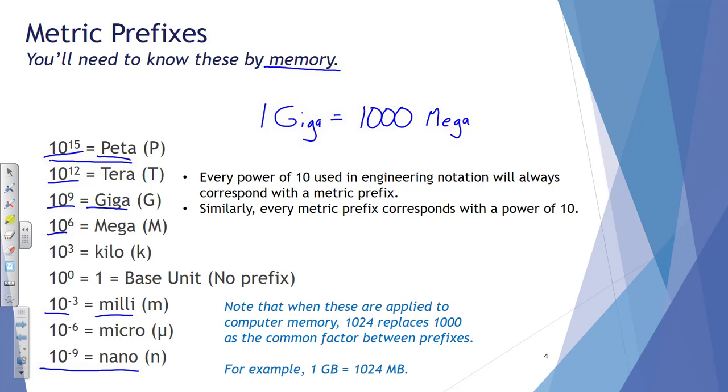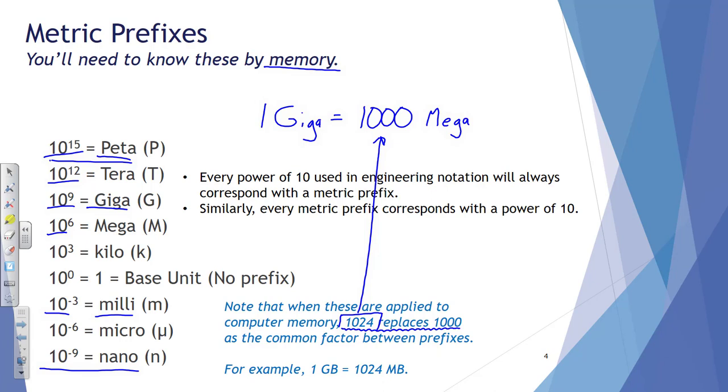But when we talk about computer memory, as you may know, computer memory is based on powers of 2, and so 1,024 is actually that factor of change between the metric prefixes. Now, oftentimes that 1,024 is rounded off to be 1,000, and so depending on what company you're in, some people will take issue with that, some people won't. We kind of use them interchangeably and rely on context.